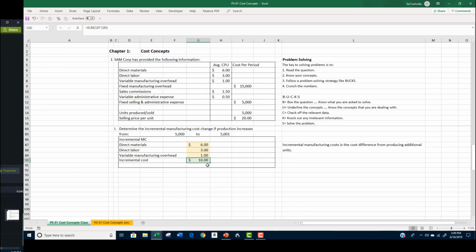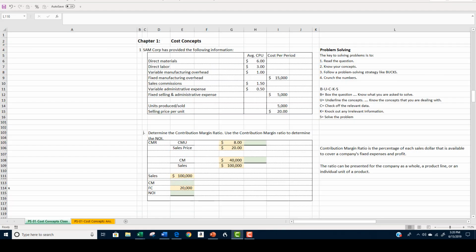If we produced 100 more units, the incremental change would be 100 times $10, or $1,000. If we produced 200 more units, the incremental cost would change by 200 times $10, or $2,000. In all cases, the incremental change will be the additional units produced multiplied by the total manufacturing cost per unit.